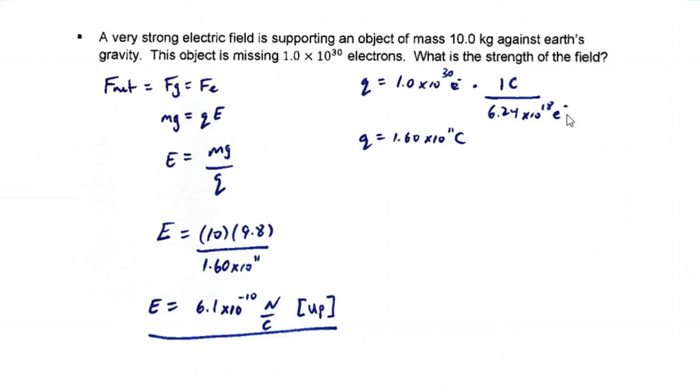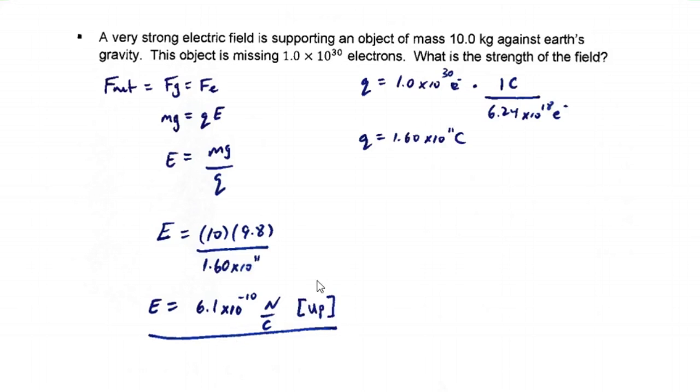And so once the electrons cancel their units, we're going to be left with coulombs. So it's basically this value divided by 6.24 times 10 to the 18. So the amount of charge we get is 1.6 times 10 to the 11. And remember, it is a positive charge because we were missing electrons over here. So now you can bring this value into the equation and get an answer there.